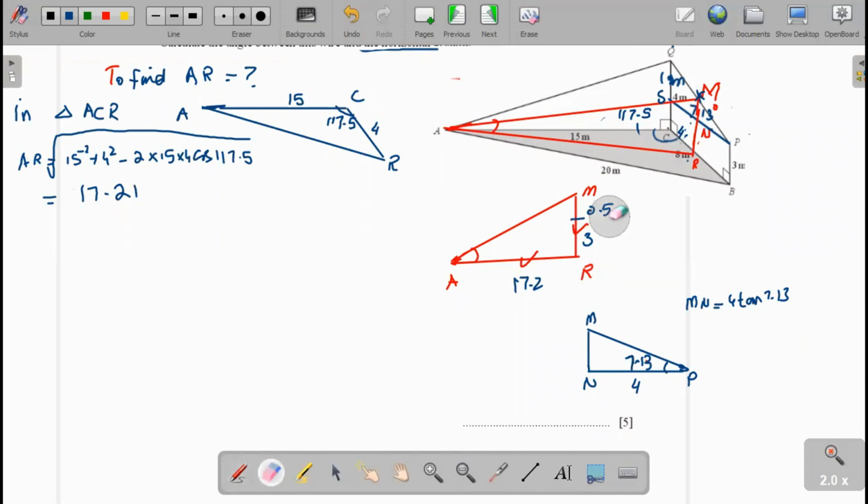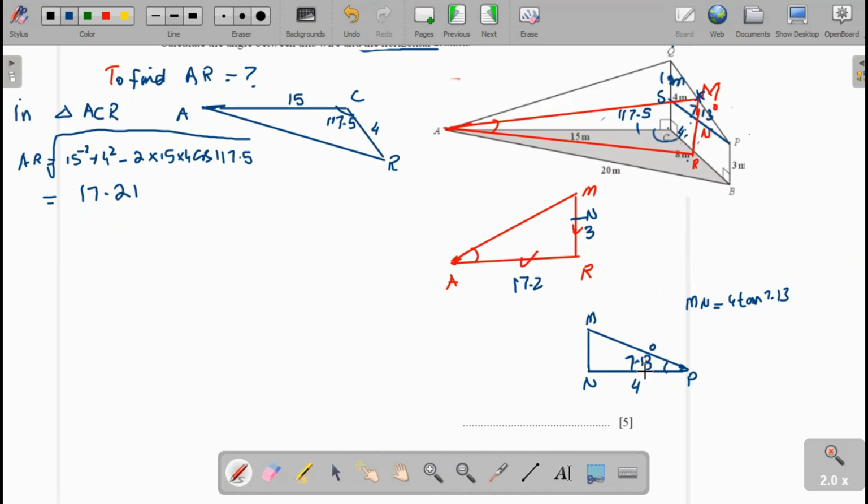Next we have to find the length of MR. You see here the length MR is 3 meters because that length PB is 3. The remaining length is MN, which we can find. You see here this is the triangle MNP. Now we draw the triangle here. In MNP, the angle NPM is 7.13 degrees; we already found this elevation angle SPQ.